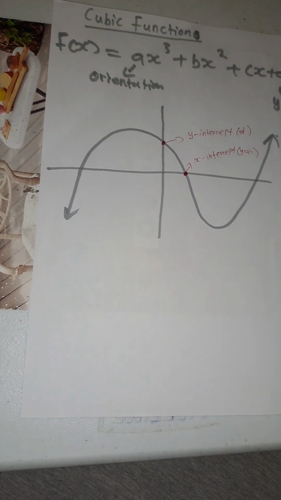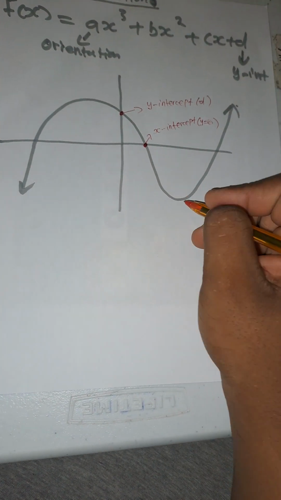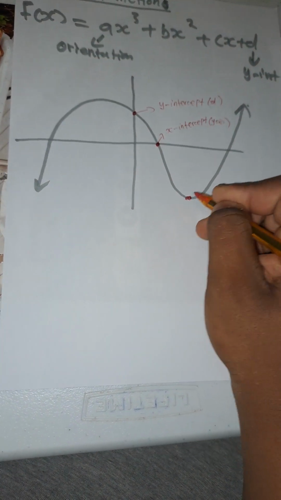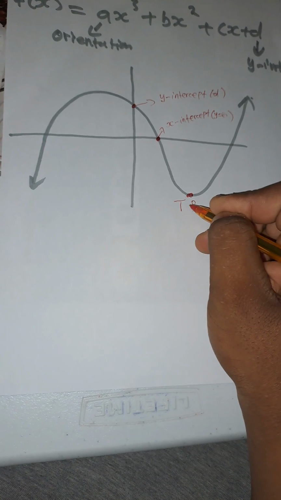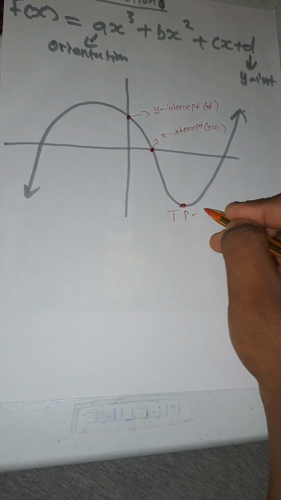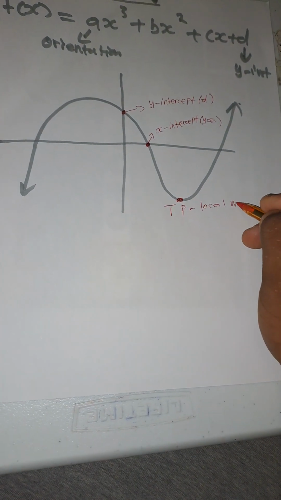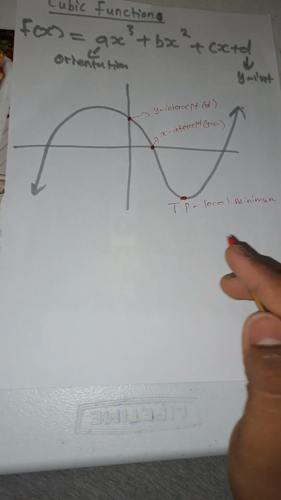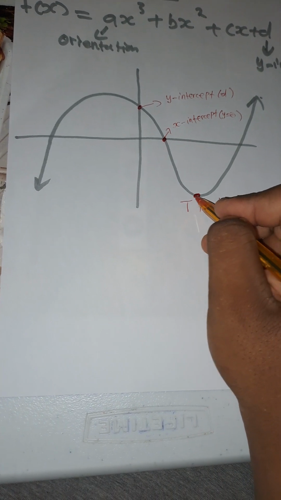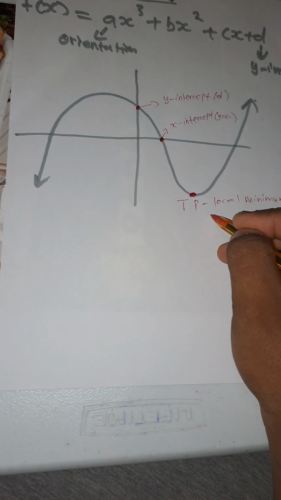And then the third one, now let's get to calculus. Before calculus, let's focus on this one. This is called the turning point, which is also called the local minimum. Wherever there is a turning point, the gradient is 0.